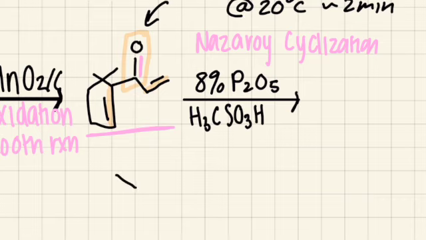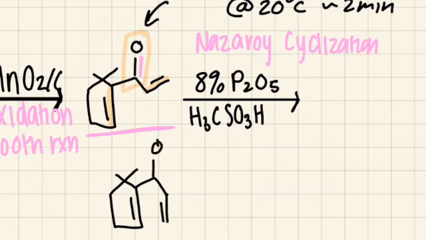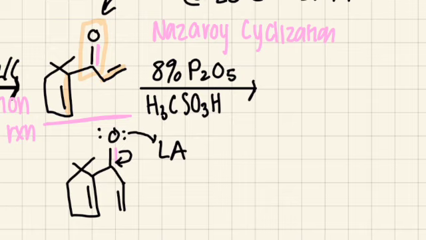I'm going to redraw it here to make it a little more understandable. We have our oxygen that has its electrons, and we have our A group. Normally it's the oxygen grabbing a Lewis acid, so I'll put La, and we're going to pick this up, which in turn breaks this pi bond, and the charge moves onto the carbon.